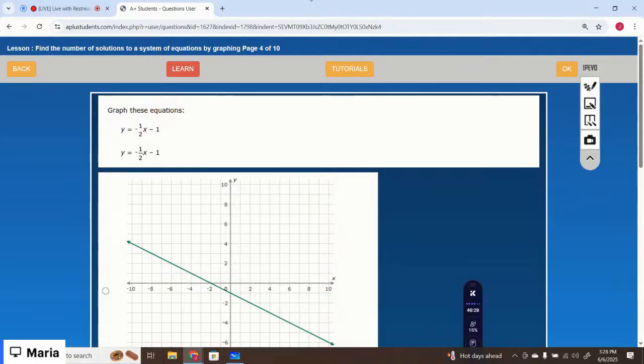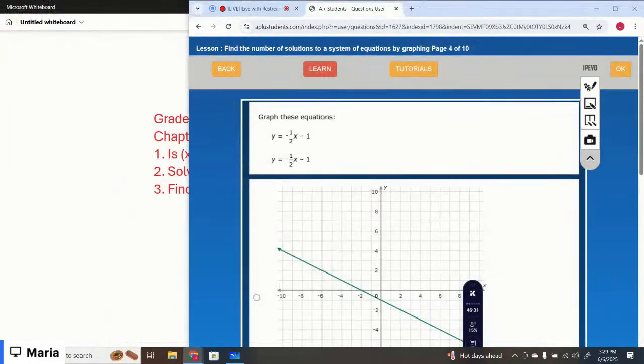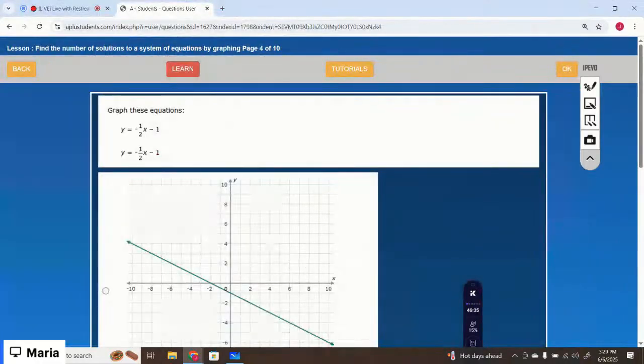Graph these lines y equals negative 1 by 2x minus 1 and y equals negative 1 by 2x minus 1.